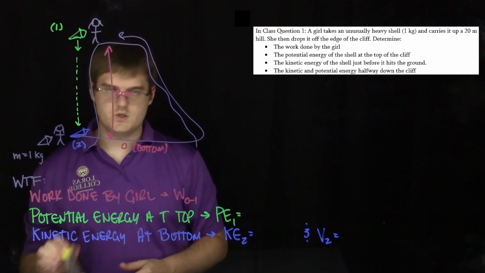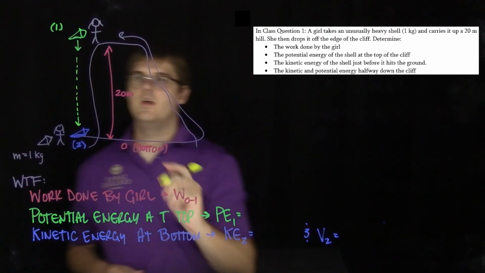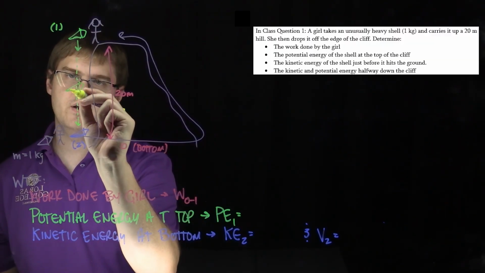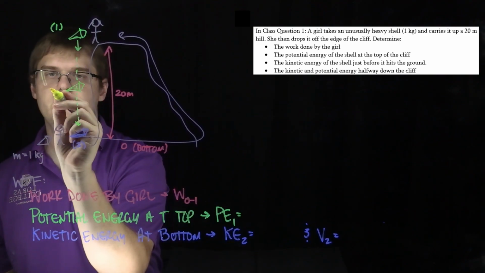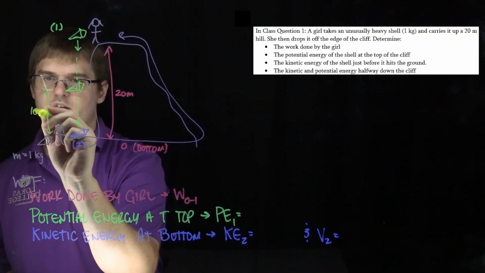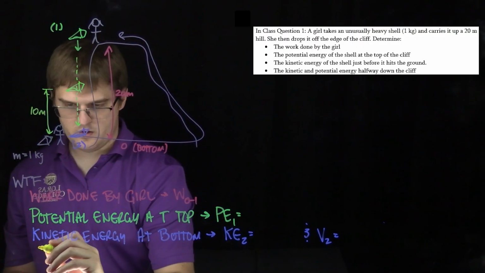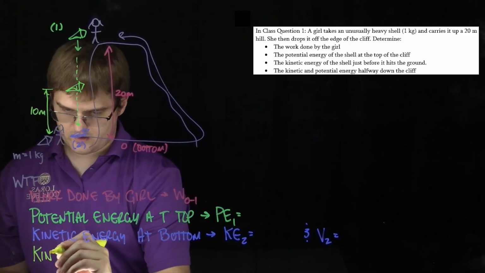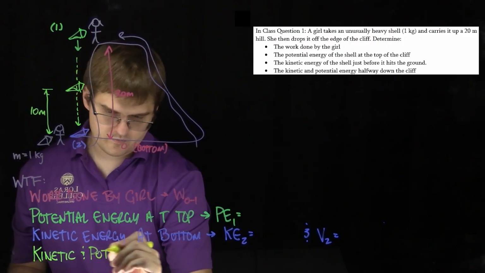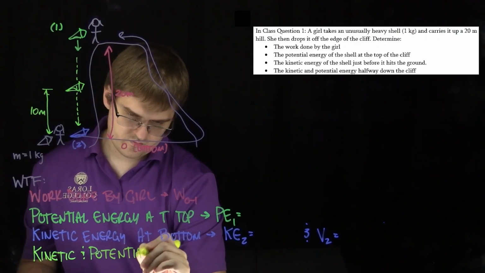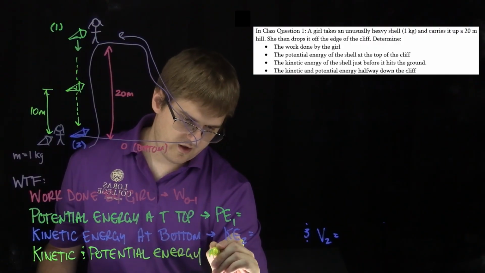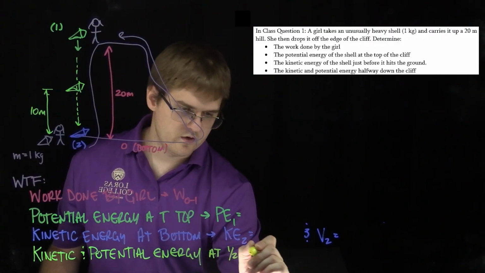Okay, which leads us to our final piece that we're after, and we are after what happens halfway down in the middle here. We've got our conch shell. Instead of at 20 meters or at 0 meters, our conch shell is now at 10 meters up. So kinetic and potential energy at halfway.